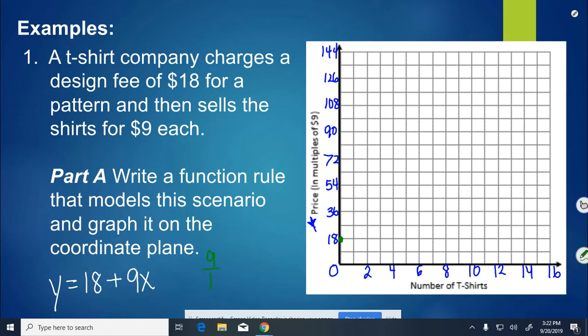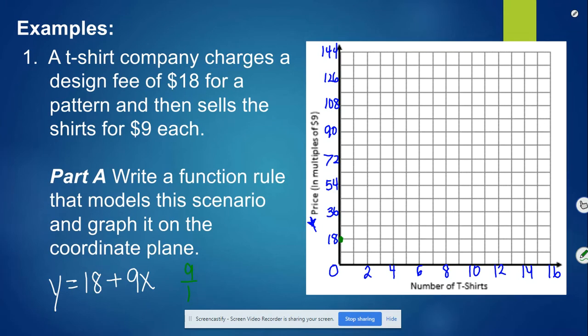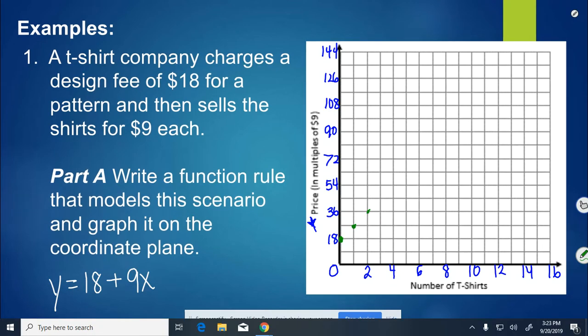Now, we can't go up 9 boxes and over 1 because of the way our graph is set up. So instead of going up 9 boxes, we're going to go up 1 box because 1 box is equivalent to 9 on our graph, and over 1. Up 9 over 1, up 9 over 1, up 9 over 1, and so on.